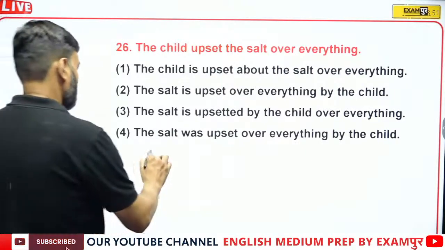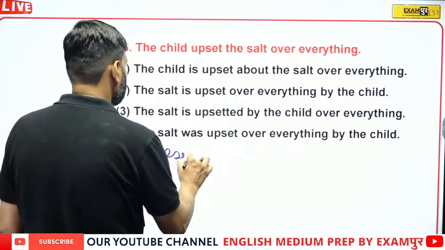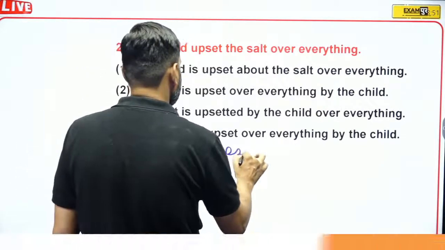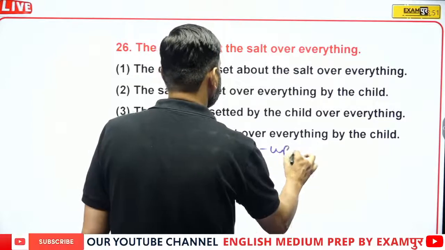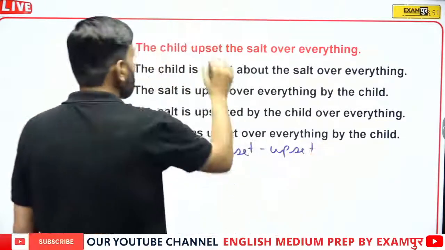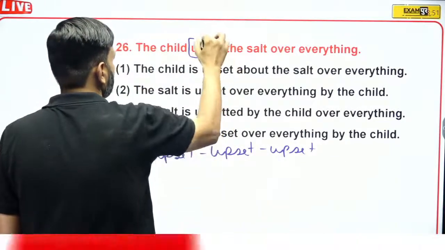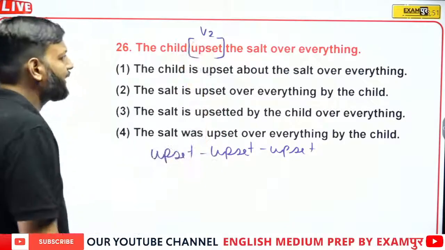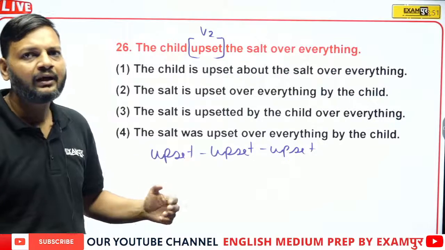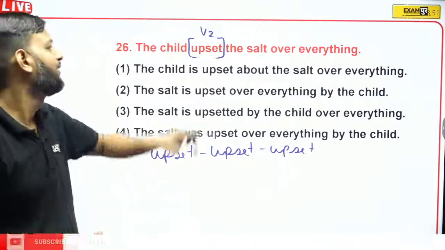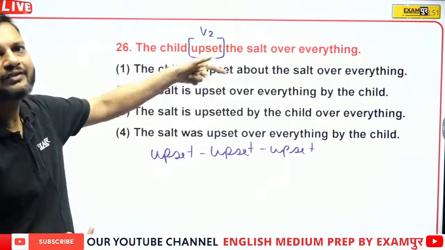See, upset, upset and upset. All three forms of upset are same. But this is the second form. Now, you must be thinking that if all three forms of upset are same, how can we decide whether this is the first form or the second form?